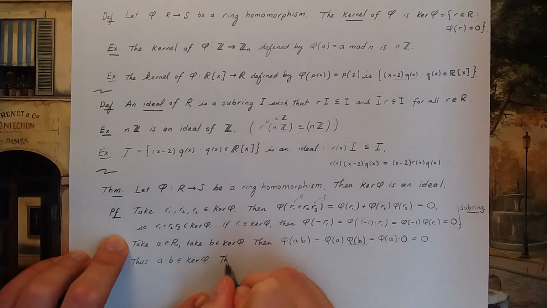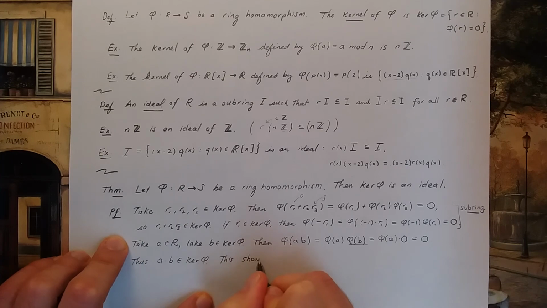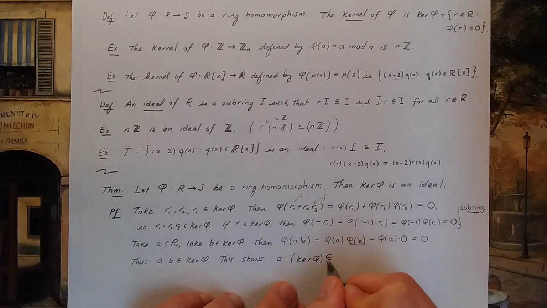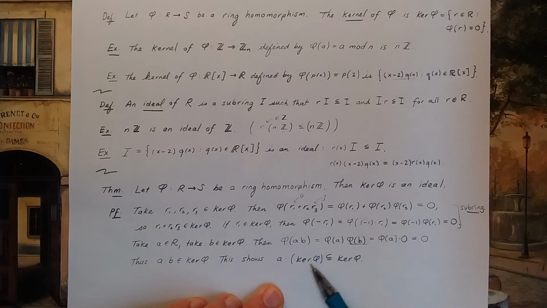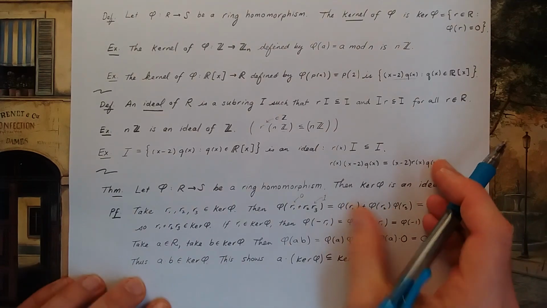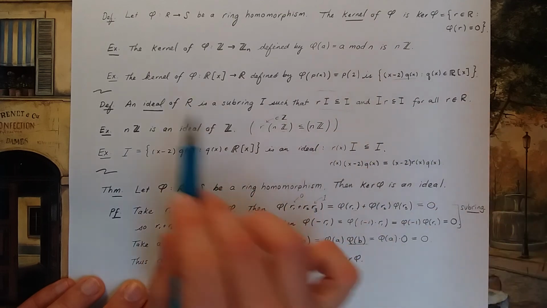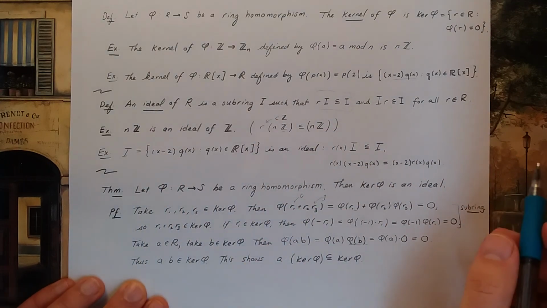What this shows is that a times the kernel of phi is a subset of the kernel of phi. Why? I took an element a, b in this set, and I showed it was in this set. So I showed containment. Therefore, this first property of the definition of ideal is satisfied.